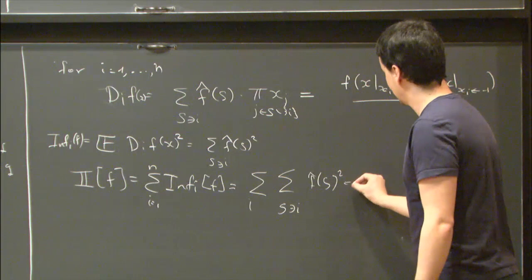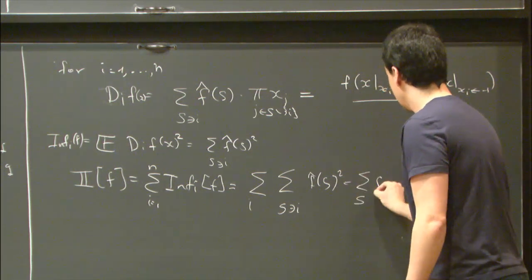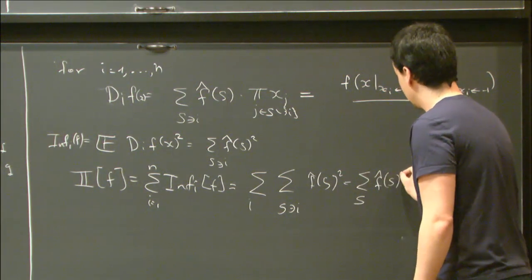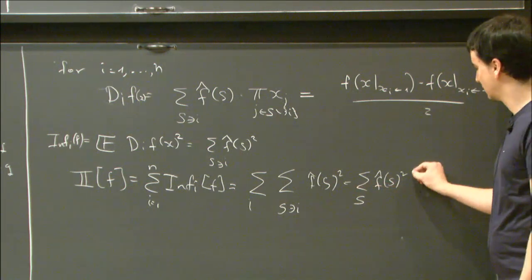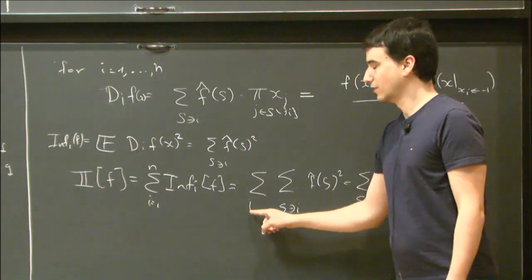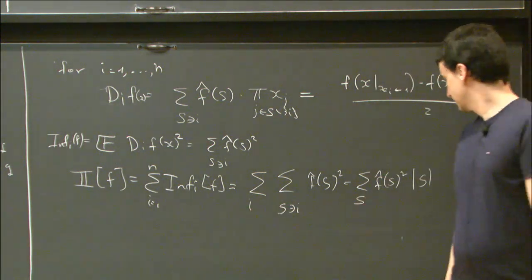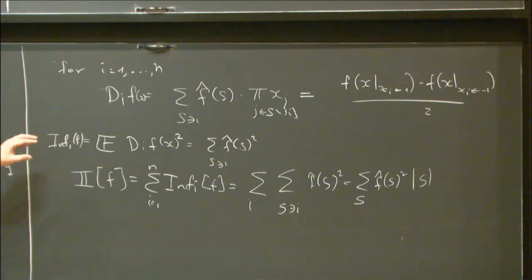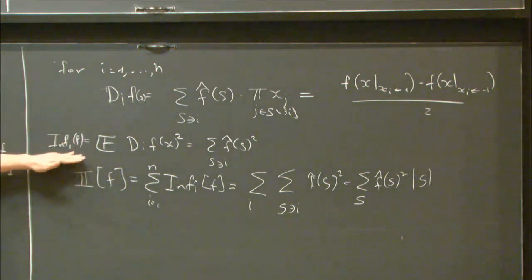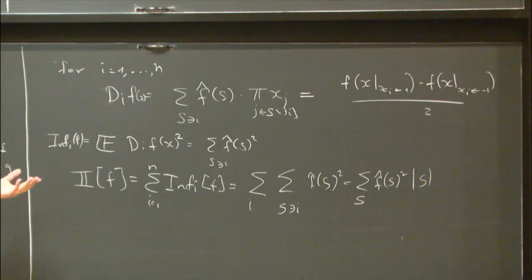So now I go over all S's and I ask how many times do I count each set. I count it exactly the cardinality of S times, right? Because I have here a lot of i's. Okay, so you see that the influence has a very combinatorial interpretation. However, it has a nice expression in the Fourier basis.